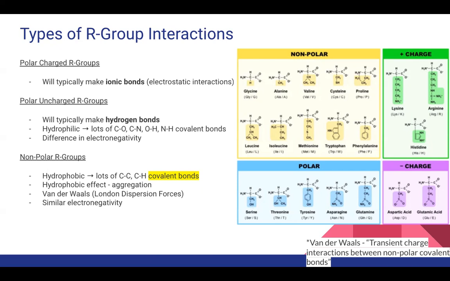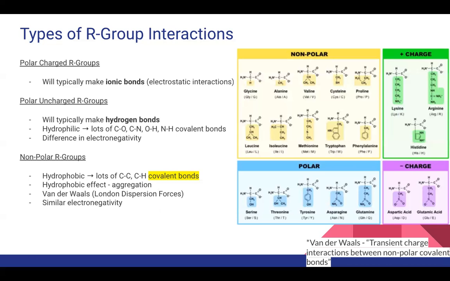C=O, OH, and NH all have a high difference in electronegativity, and that would make a polar covalent bond. If we have two atoms with polar covalent bonds, they could make a dipole-dipole interaction, or a hydrogen bond if it's between a hydrogen and a nitrogen, oxygen, or fluorine.